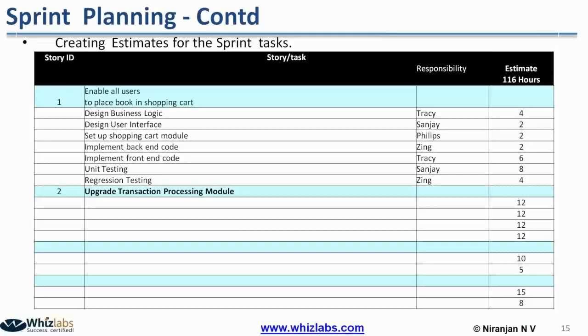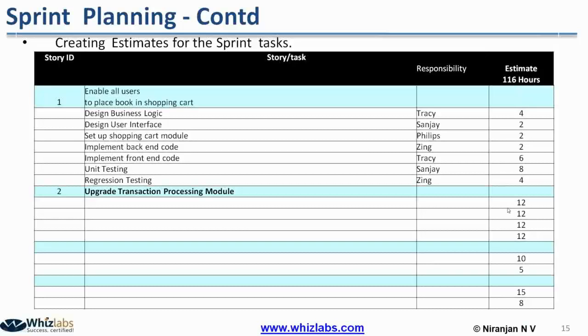So this product backlog item takes 28 hours to be completely developed and tested. Since it gets over in 28 hours and the team has 116 hours available, a lot of time will be left in the sprint.